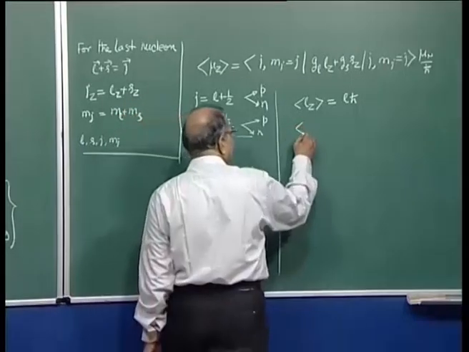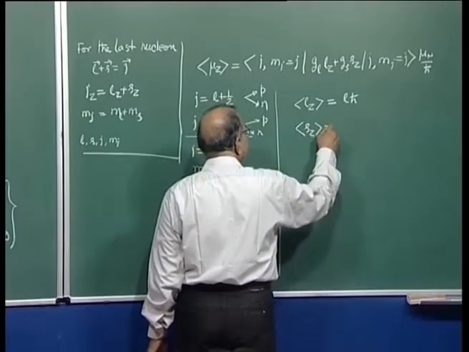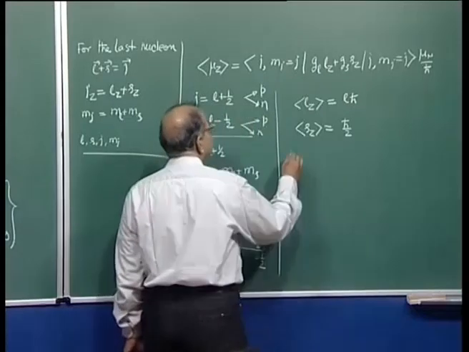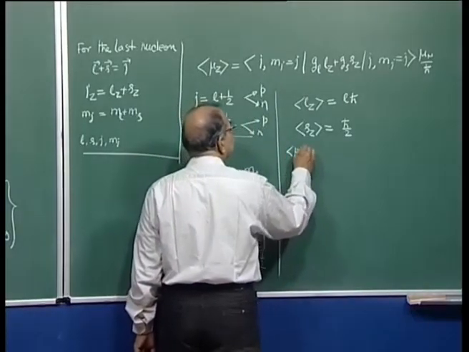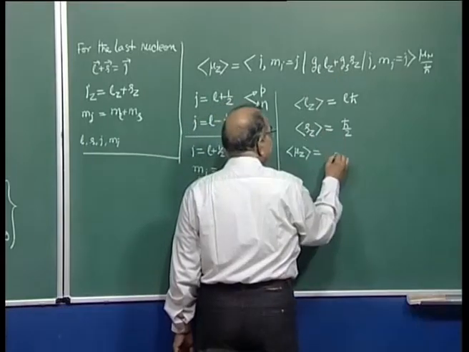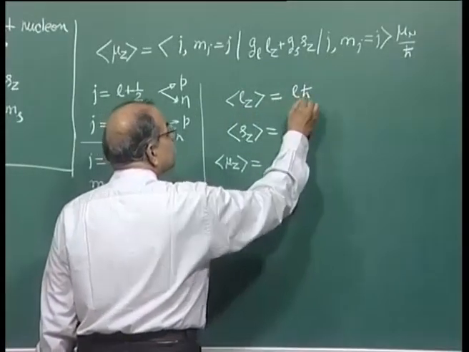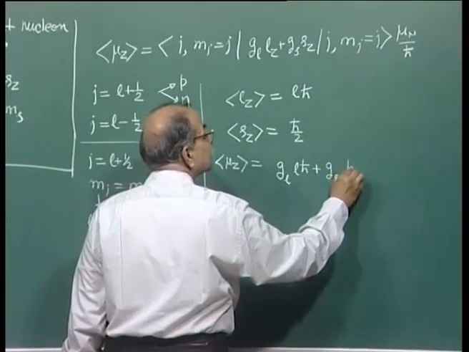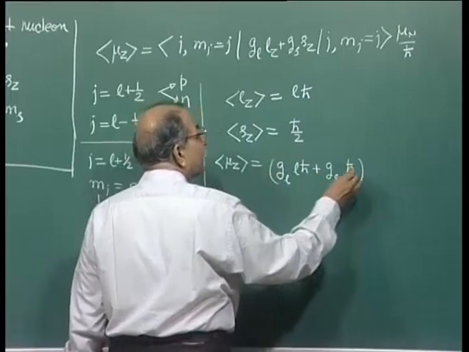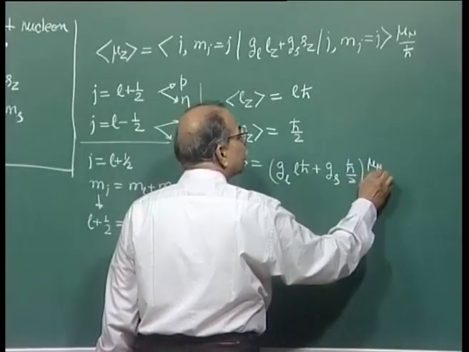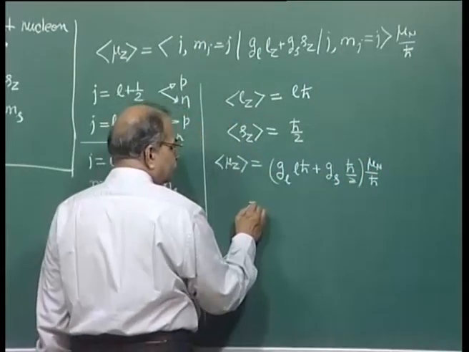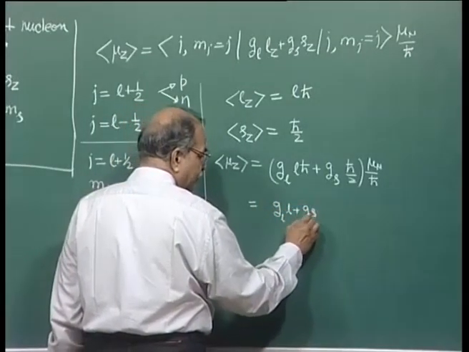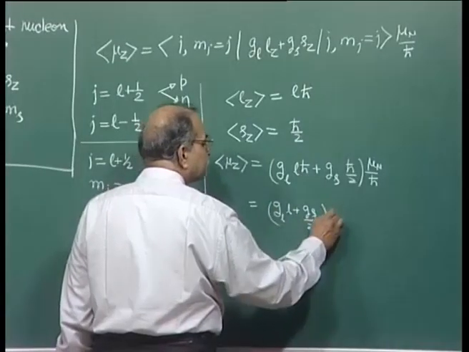Similarly, Sz will be 1 by 2 h cross, and therefore this mu z will be GL times L h cross plus GS times h cross by 2, and then mu n over h cross. So, GL L plus GS by 2 mu n.